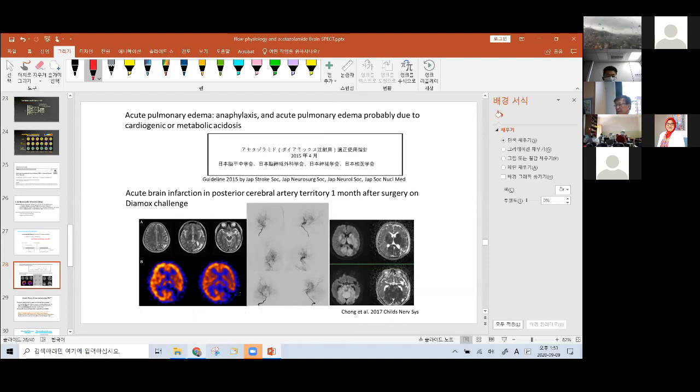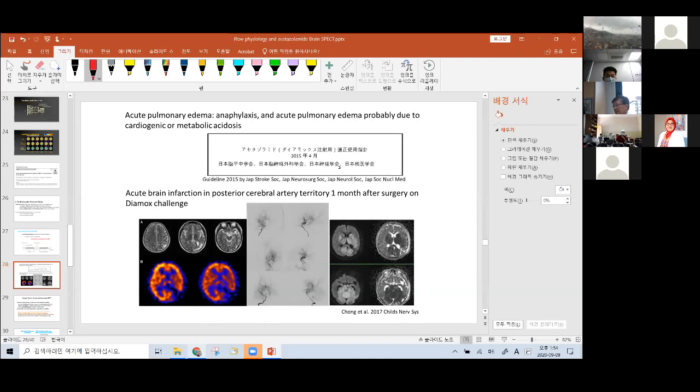First, before the first operation, Diamox SPECT was done successfully. After the first operation on the left side, the patient was waiting for the right side operation.